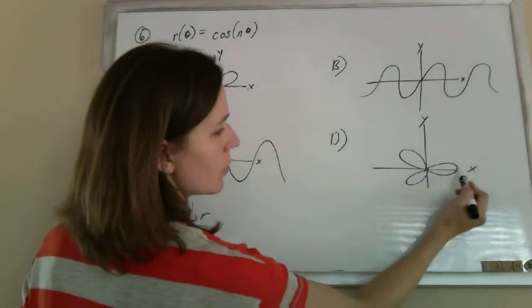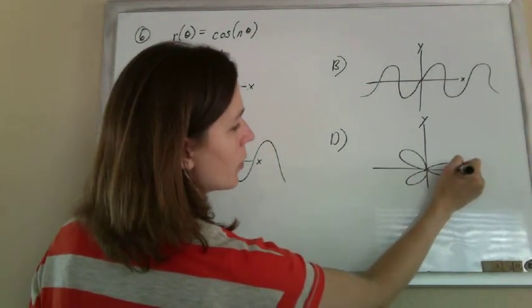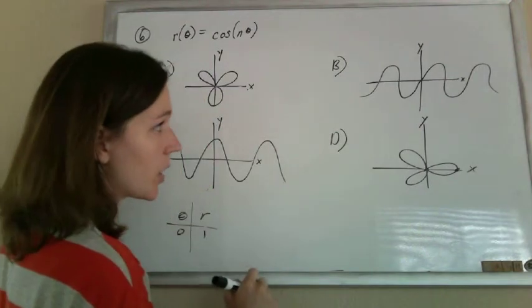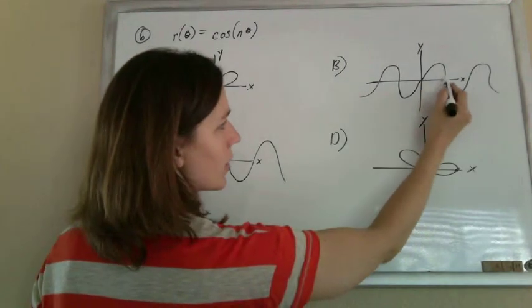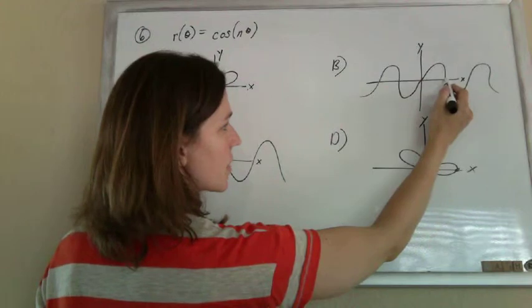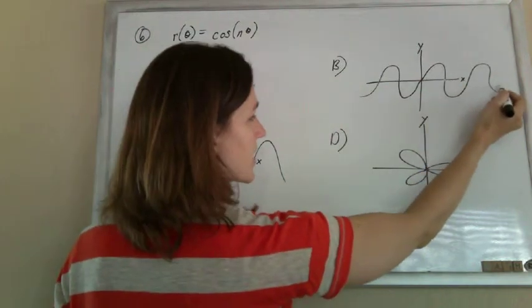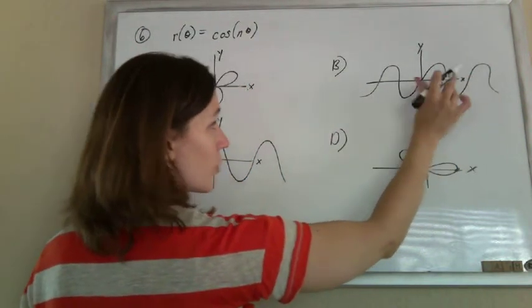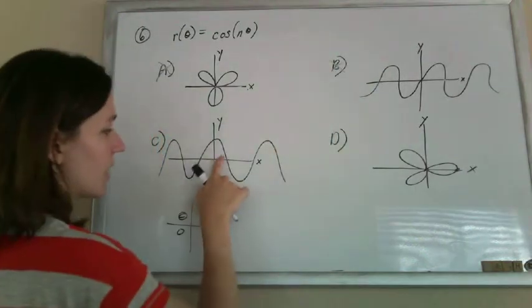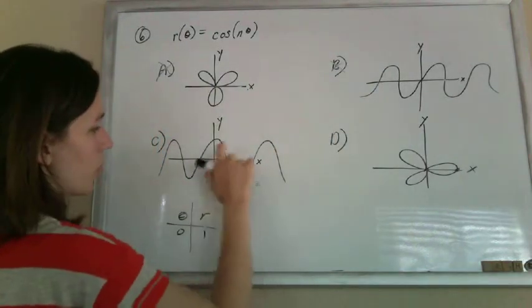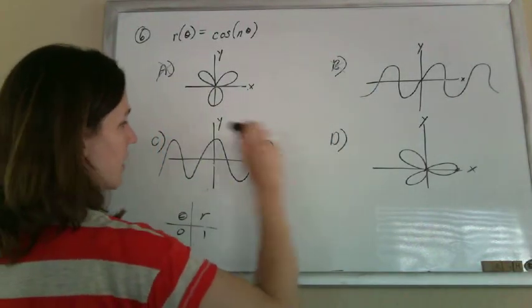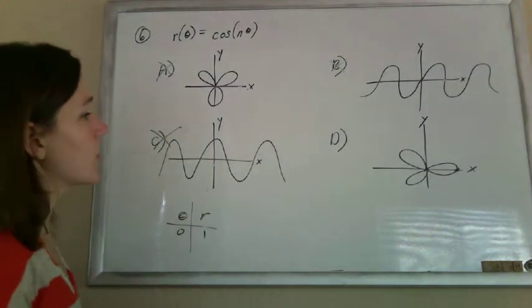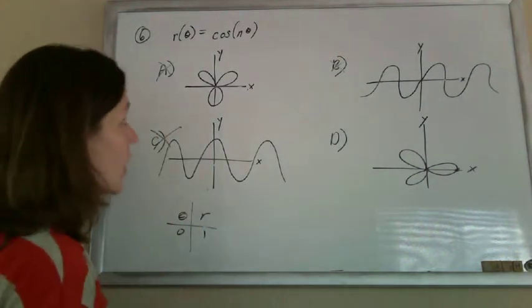If we're at 0, the radius should be out at 1. Ooh, that guy's looking good. This guy here could potentially be something. It's got a bunch of possibilities actually though, so that wouldn't work. Same thing here. The radius has to be 1 when x is 0. It can't be anything else. So we can eliminate those that way.